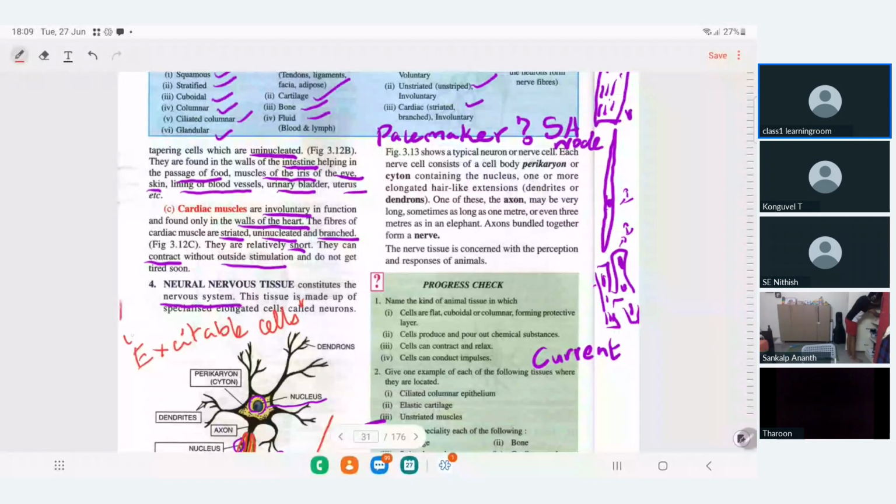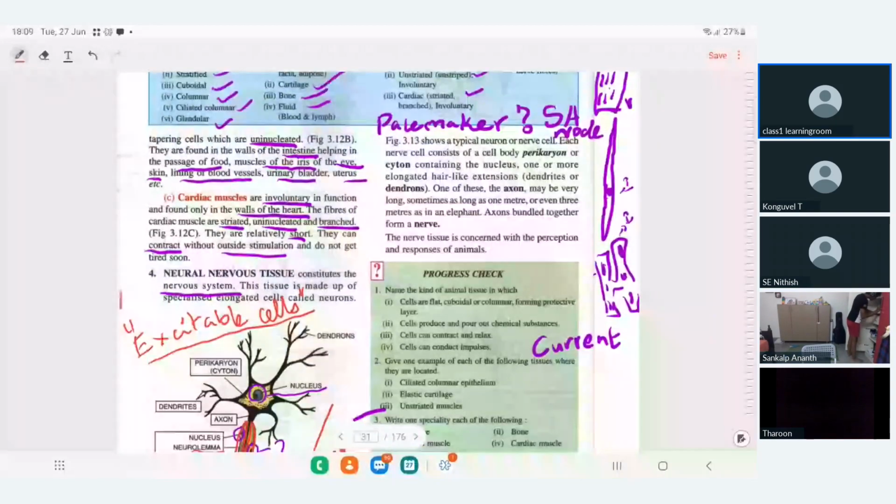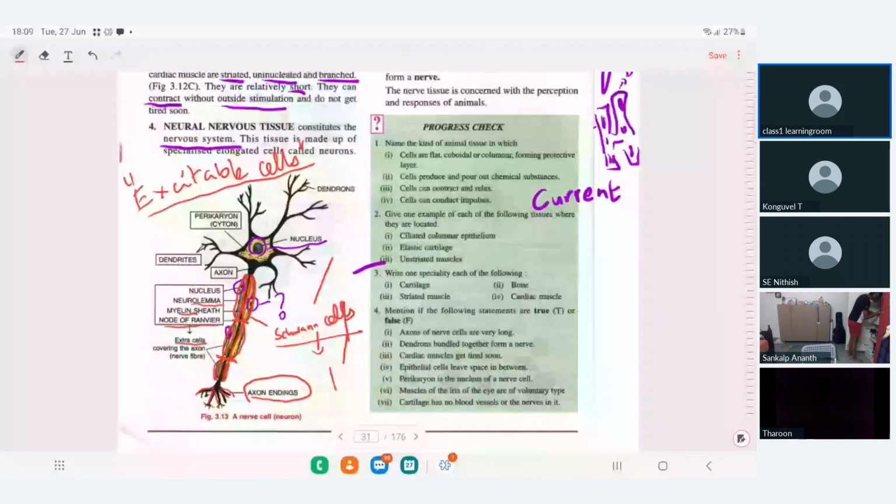What are called excitable cells? Listen, a cell is excitable when it possesses 4 properties. I will list the 4 properties.